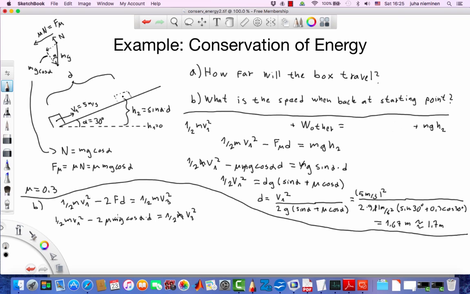And again, the m's cancel, and let's multiply everything by 2 to get rid of those halves, so we get v1 squared minus 4 mu g d cosine alpha equals v3 squared. From here we can solve for v3, the square root of v1 squared minus 4 mu g d cosine alpha.